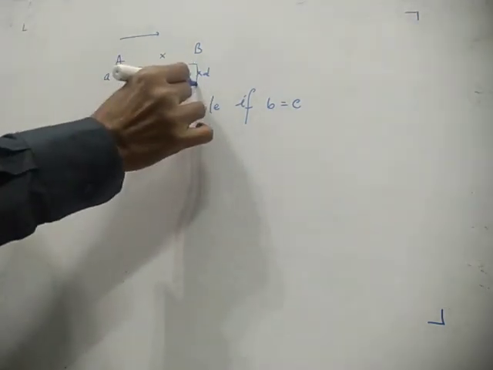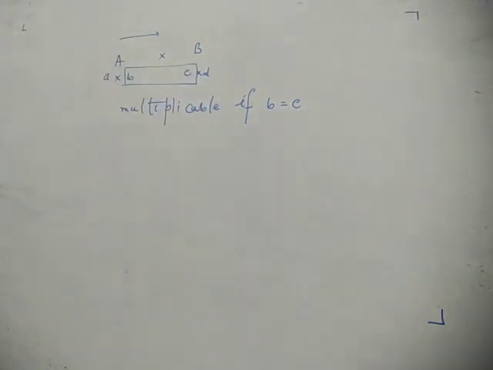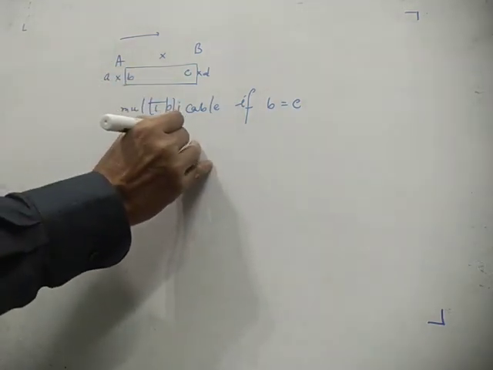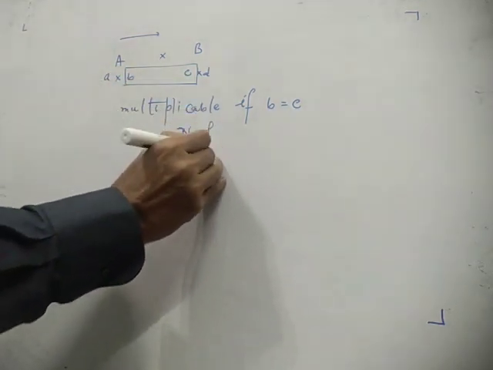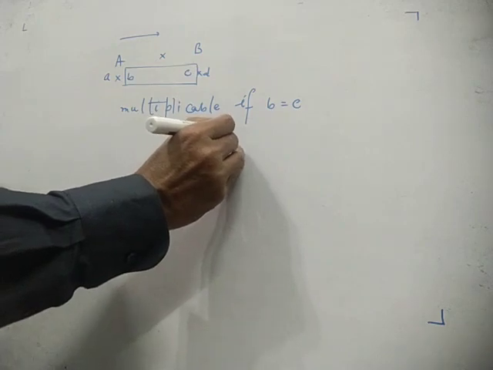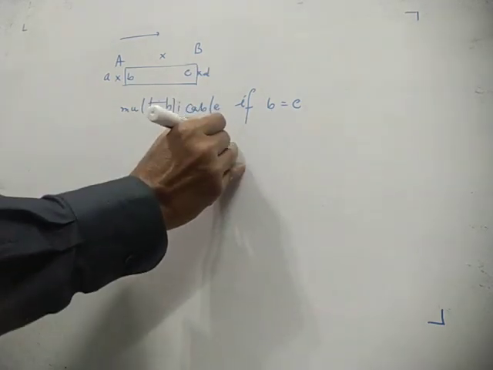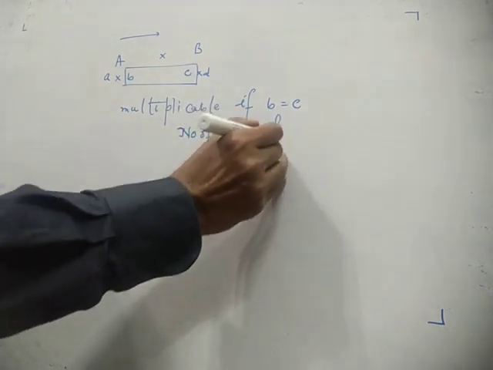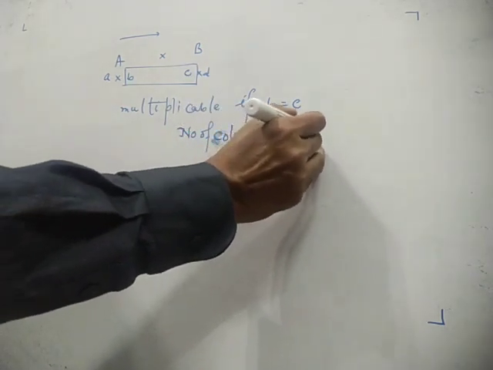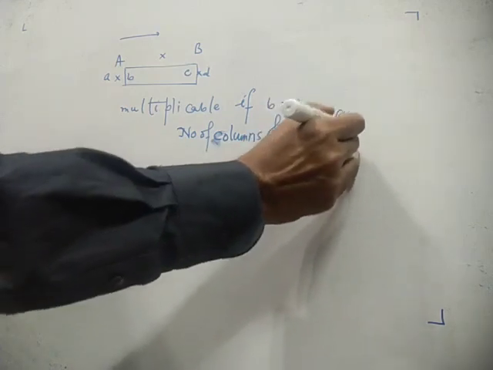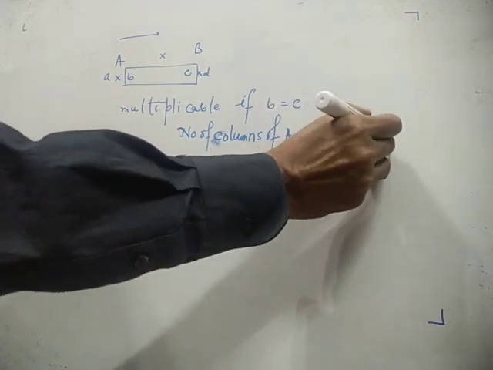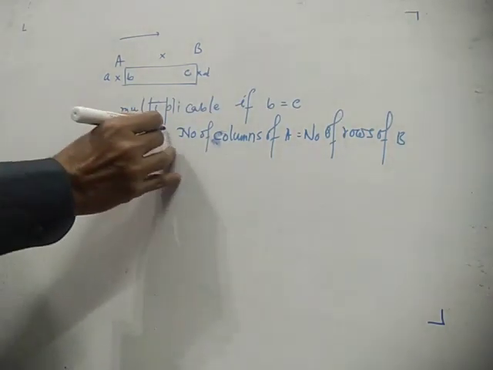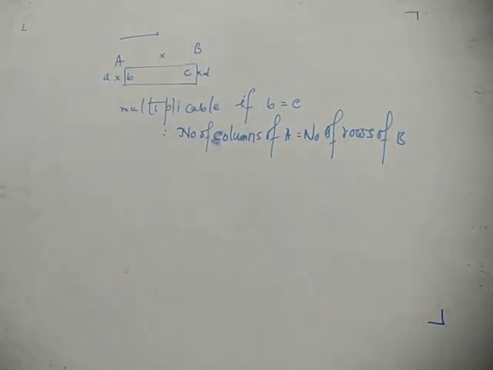That means the number of columns of matrix A equals the number of rows of the second matrix, B. If these two are equal, then multiplication is possible.